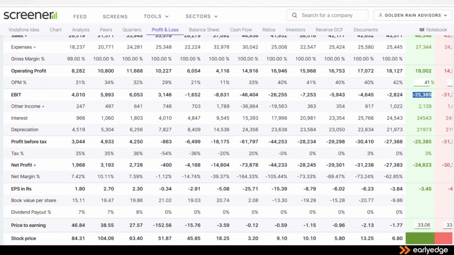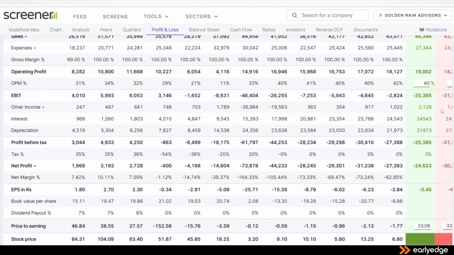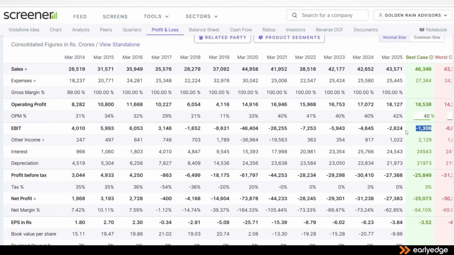So maybe you change the OPM to 40 and you see the EBIT margin changes immediately. So basically it is taking a lot of averages here and there. There are errors in the tool. It's not foolproof. Know what is driving what, extremely important.